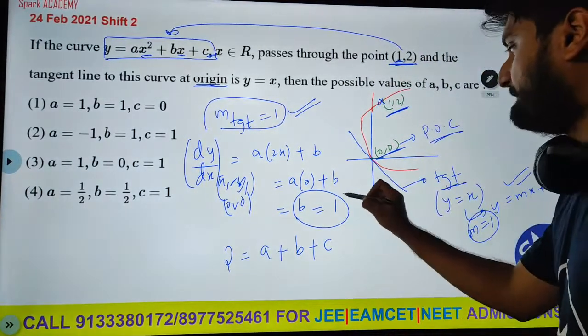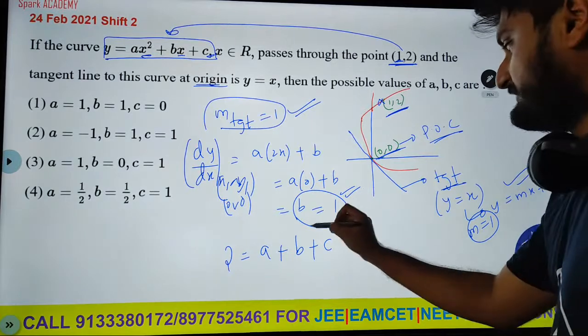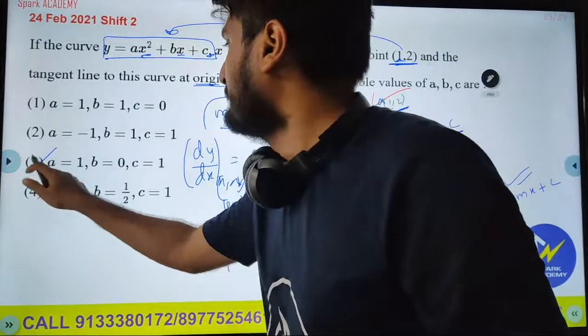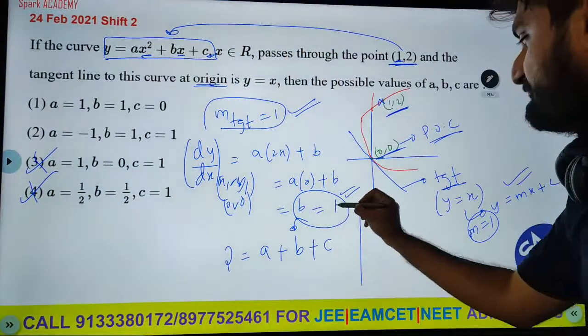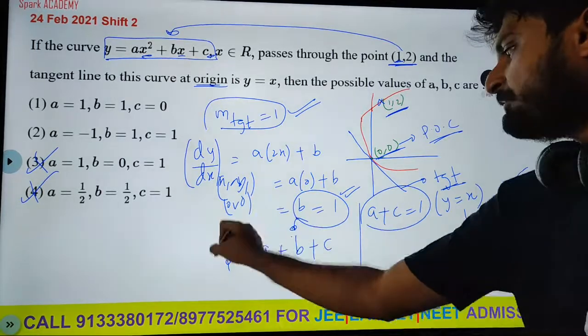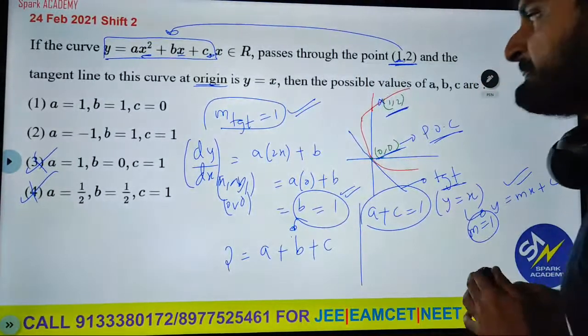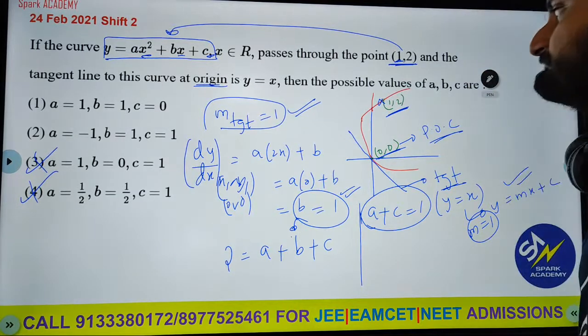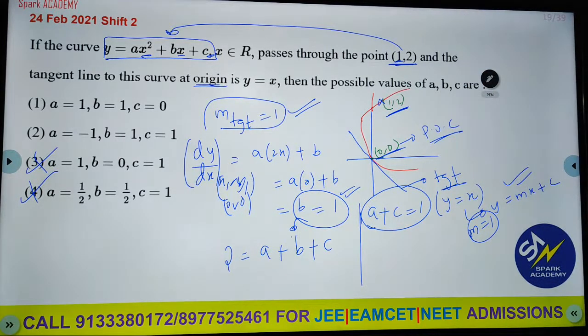So we already know the b value as 1, correct? So substitute it here. So the b value 1 is which option? Only first and second. So if b is 1, a plus c is also 1, correct? So 1 goes to the other side, it will be 1. Now let's check which option upon substituting.